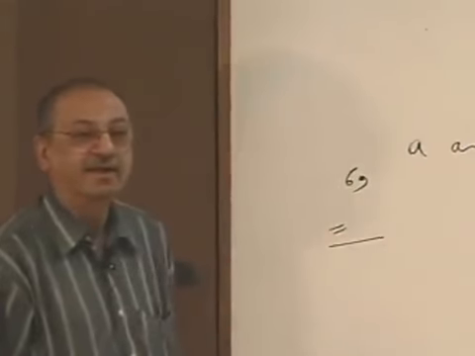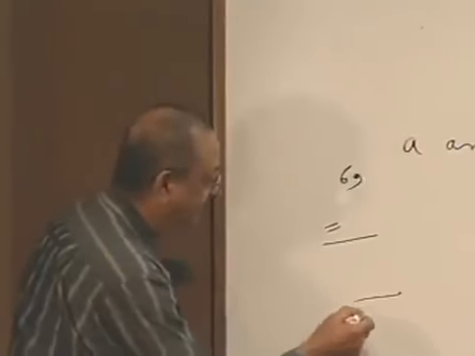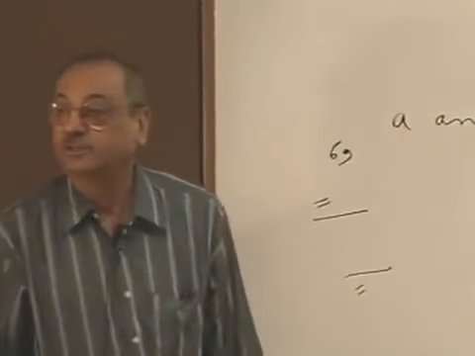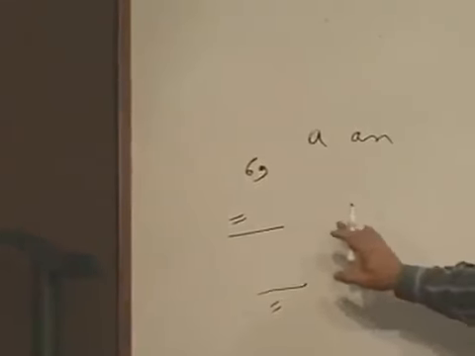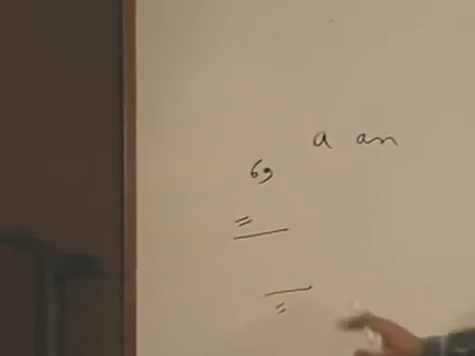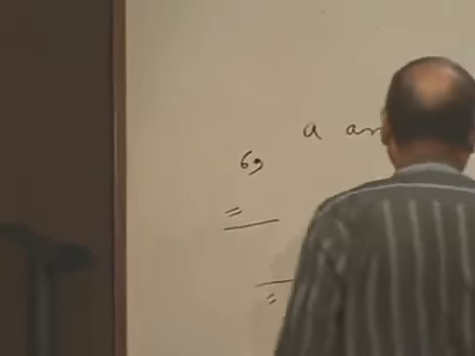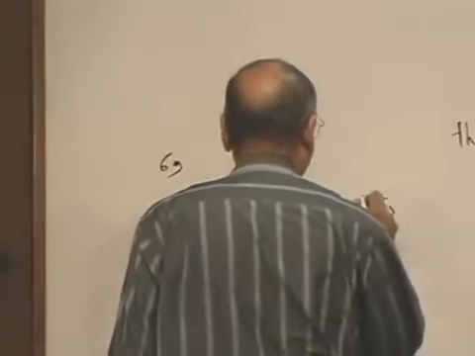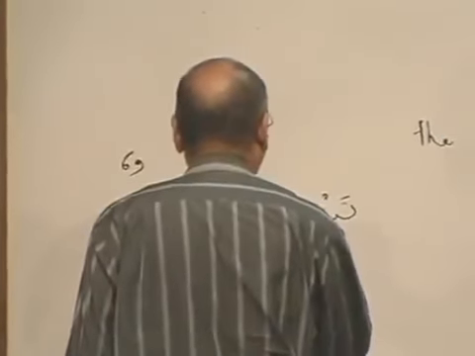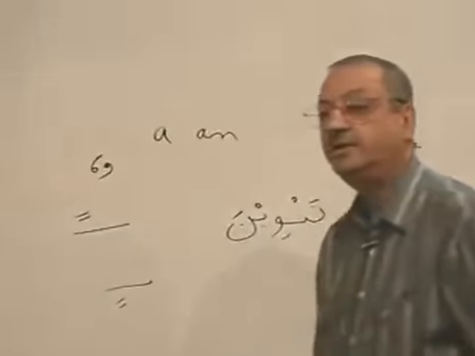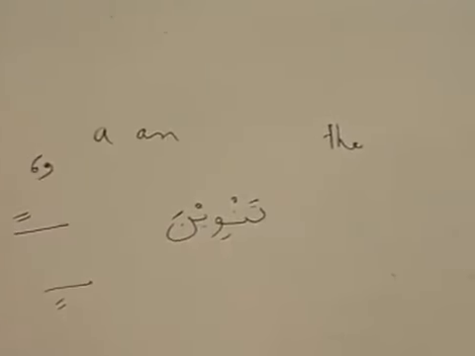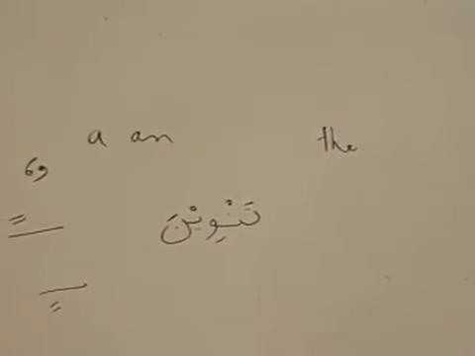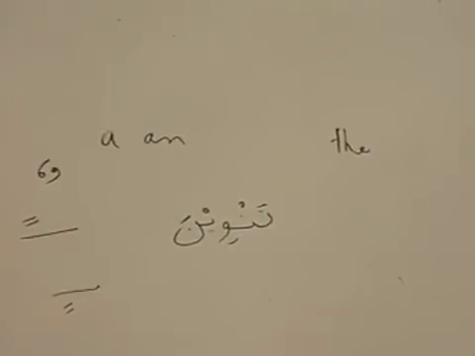If the noun ends with a kasra, we put two kasras. This is called tanween. Tanween tells us that the noun is indefinite. Are you with me?